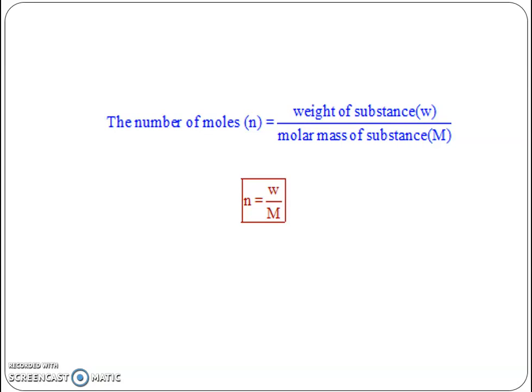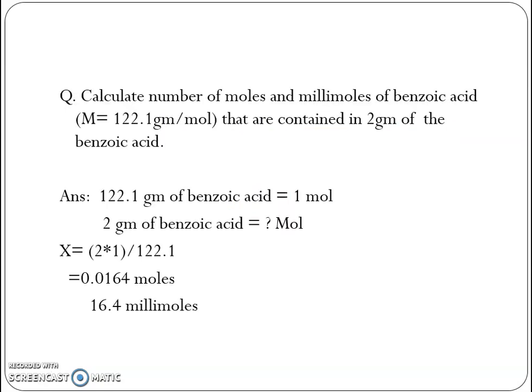So here you can derive a formula for number of moles. Number of moles is equal to weight of substance upon molar mass of the substance. That is small n is equal to W upon M. Capital M is molecular weight, or you can say molecular mass of the substance. So we have derived the formula from this.